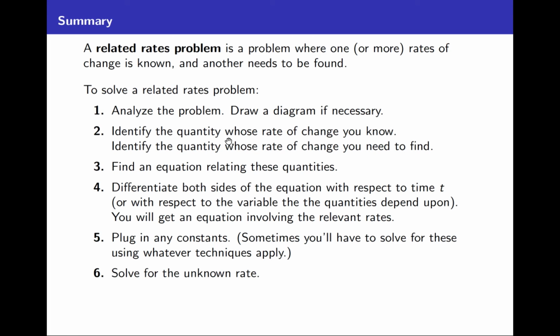Then identify the quantity whose rate you know, identify the quantity whose rate you need to find. Then you find an equation relating these quantities. Next, you differentiate both sides of the equation with respect to time t, or with respect to the variable that the quantities depend upon, usually it's time t, and you'll get an equation involving the relevant rates.